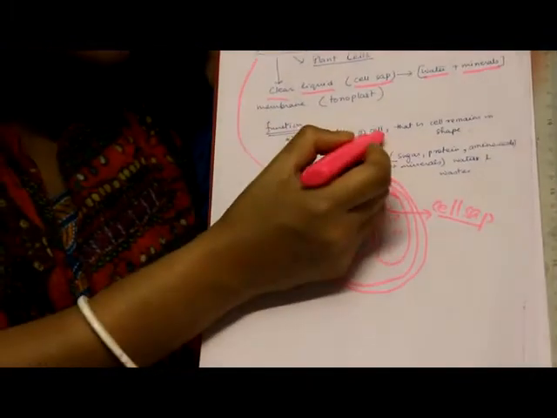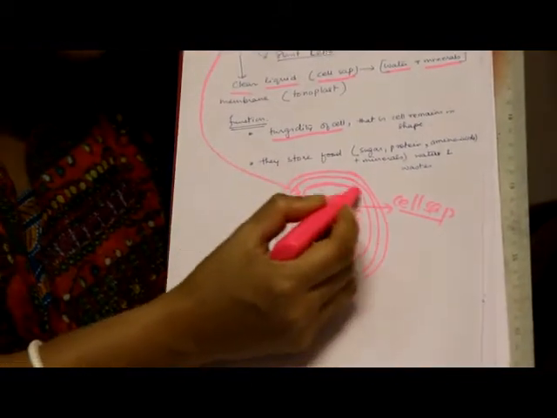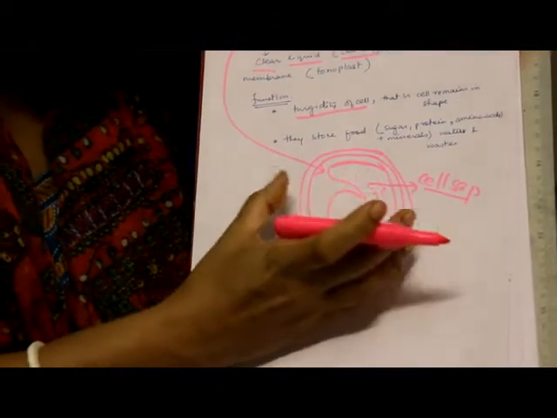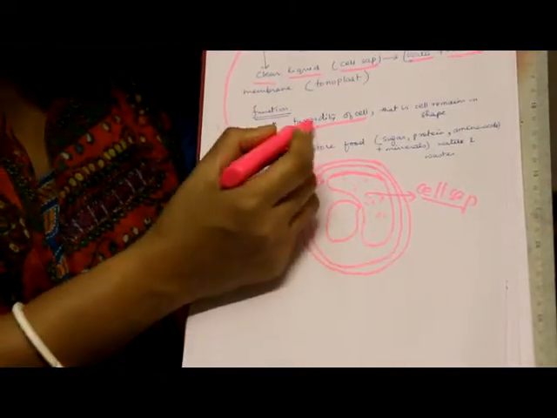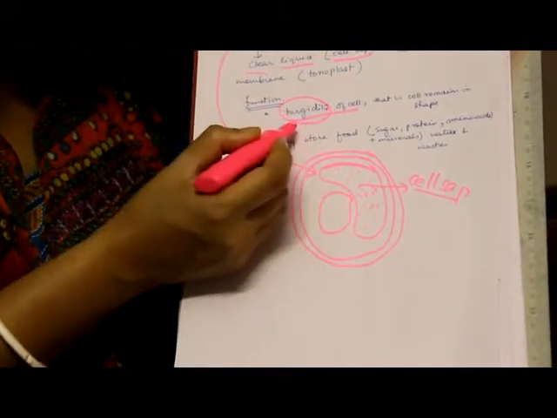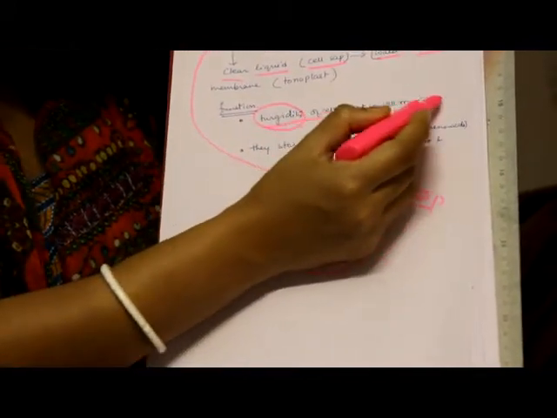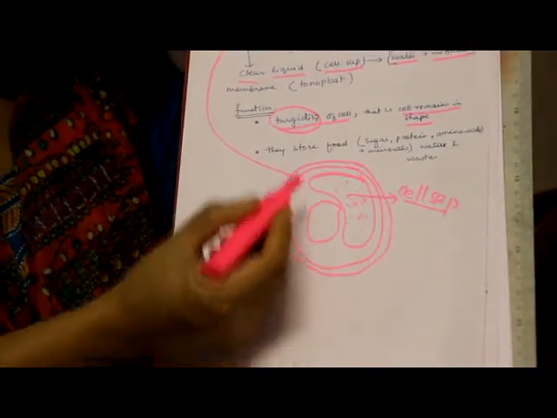Its function is to help maintain the turgidity. Turgidity means what? The cell will remain in its shape. It will not shrink. It will remain in its swollen form. So that is the turgidity. Please remember the terminology, turgidity. It gives the cell a definite shape.